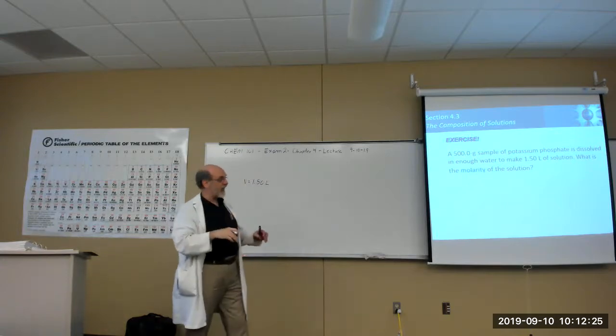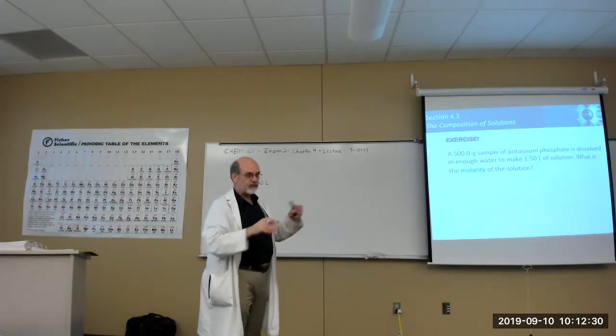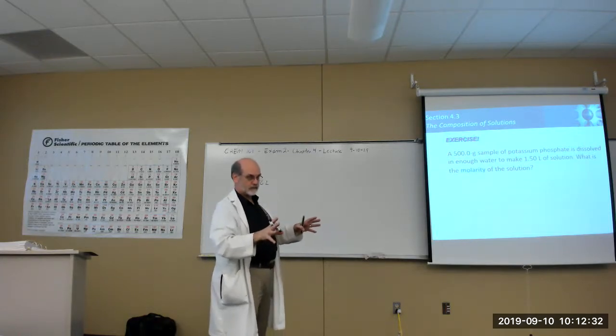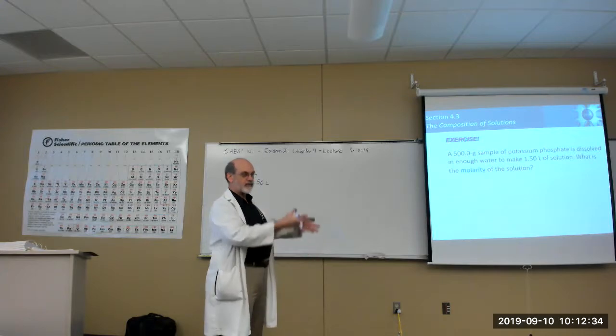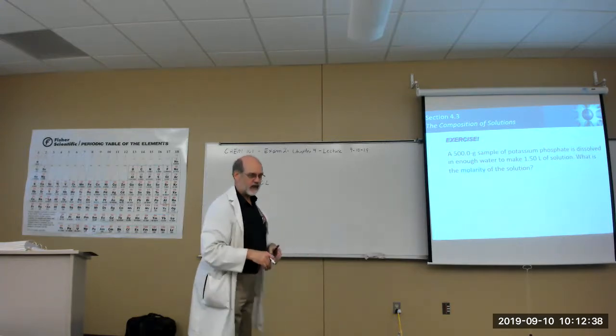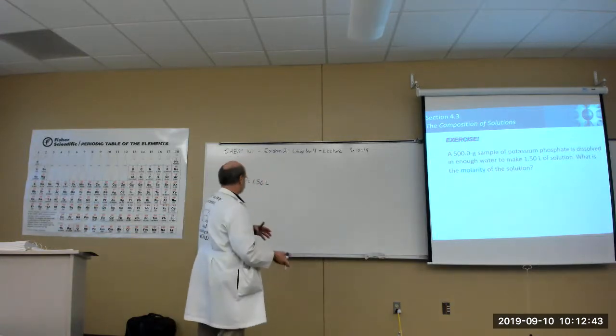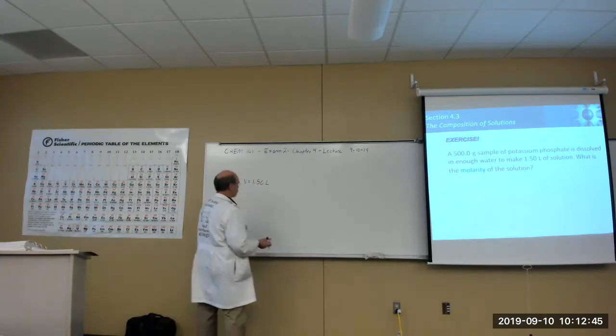That's after we add the potassium phosphate to water, and it's completely into solution, dissolved, and then the final volume is made up to exactly 1.5 liters. So that total volume includes both the solvent and the solute.